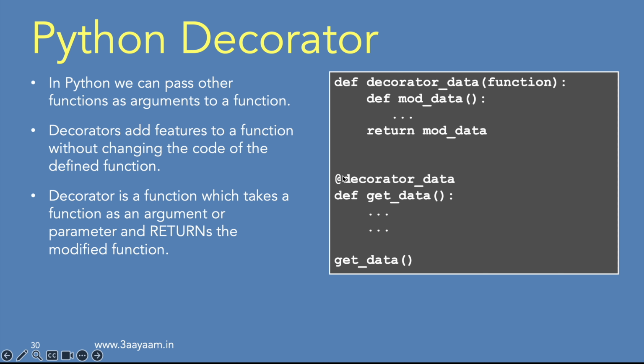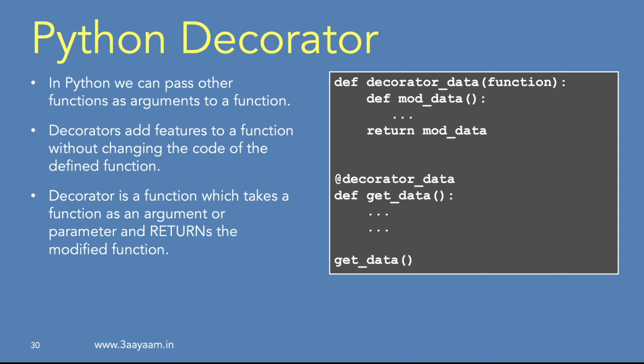So we say @decorator_data. So it means if we use this, then when we call the get_data function, behind the scenes, the decorator_data function would be called, and the get_data function would be passed as an argument. All right, so that's what a decorator is.